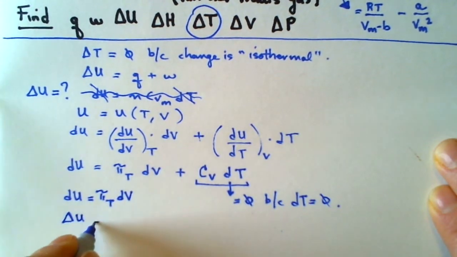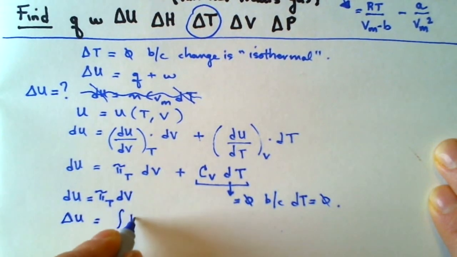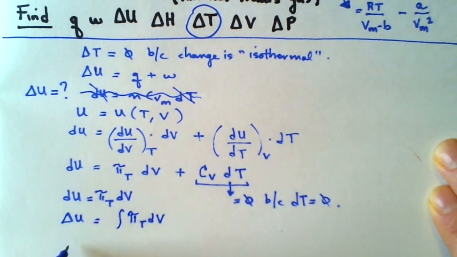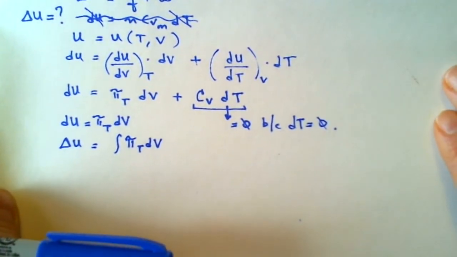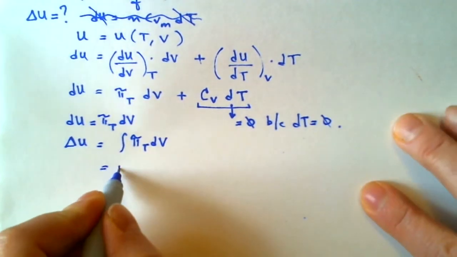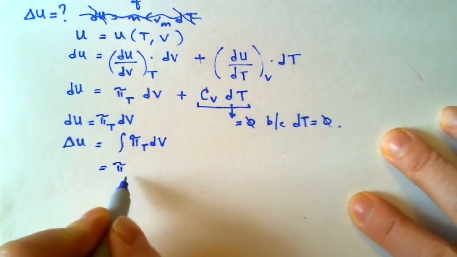Integrating it, I get delta U is equal to the integral of pi sub T dV. And I'm going to assume that this internal pressure variable is constant over my small volume range.